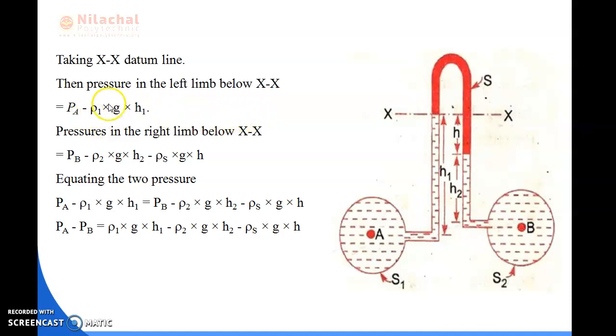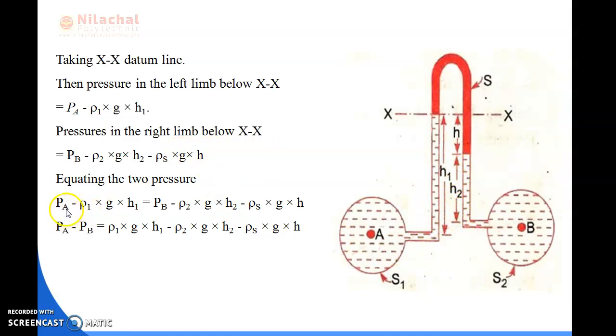So, pressure in the left limb below the bottom line is PA minus rho 1 G into H1. Second, the pressure in the right limb below the bottom line: first is the pressure of the pipe PB minus rho 2 G into H2 minus rho S G into H. Then you will equate the two equations.